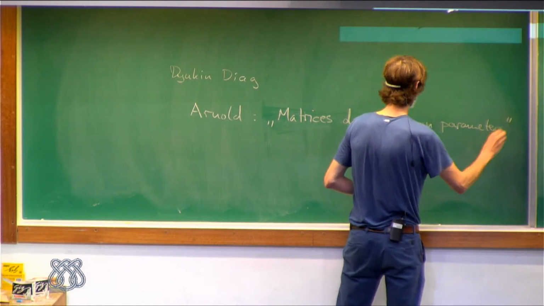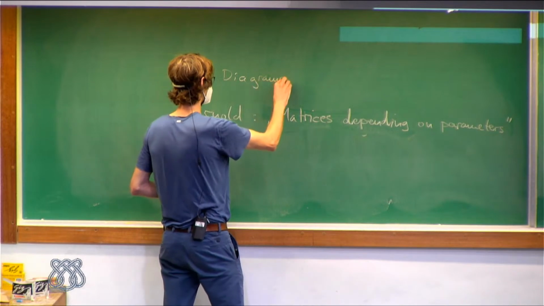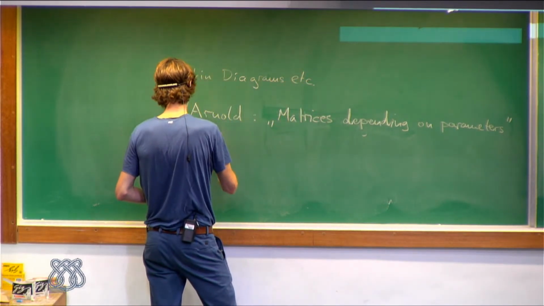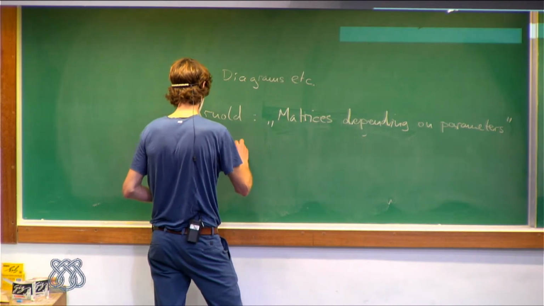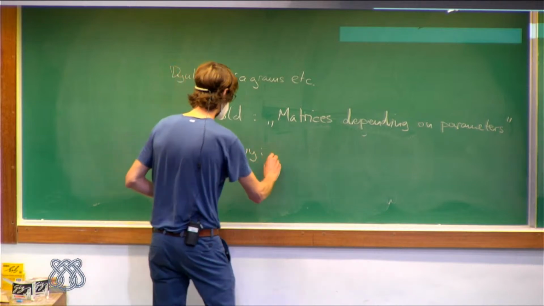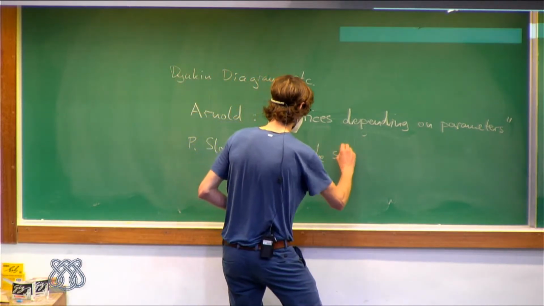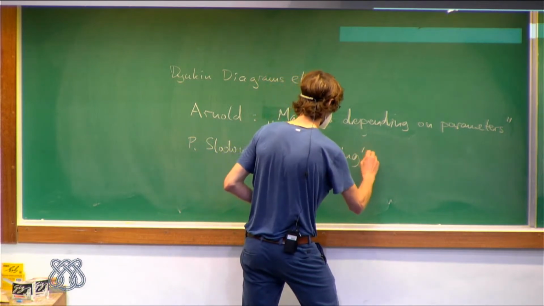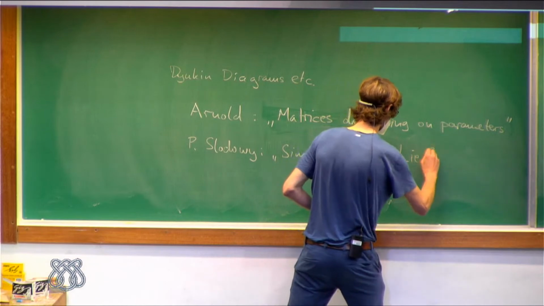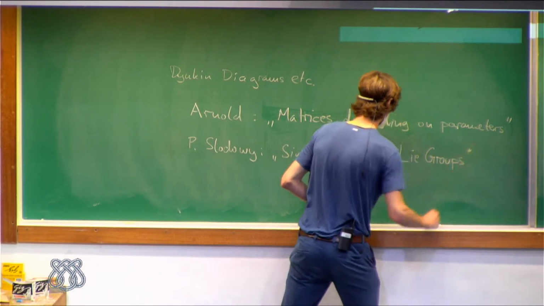Very easy to read. And the other is the book of Peter Slodowy, simple singularities, and some dots and then Lie groups. The title is Some Words in Between.